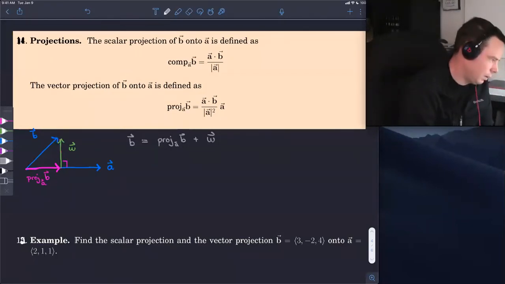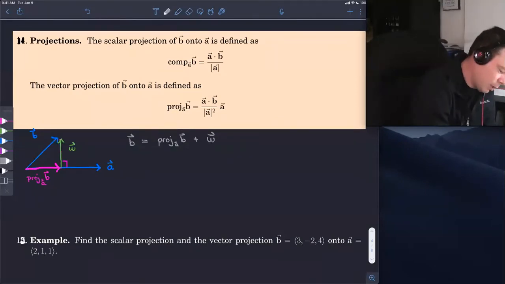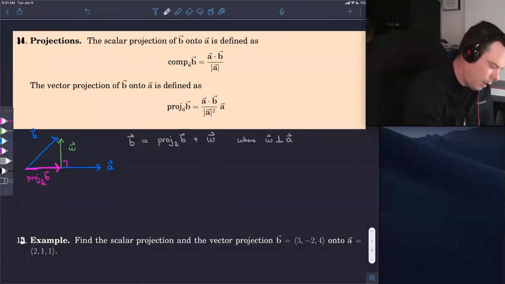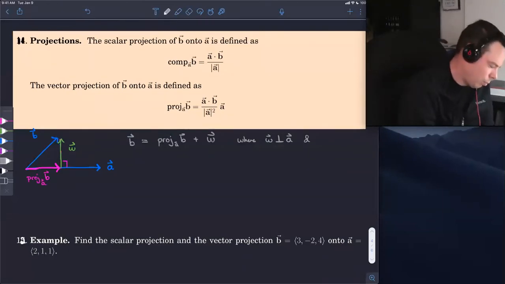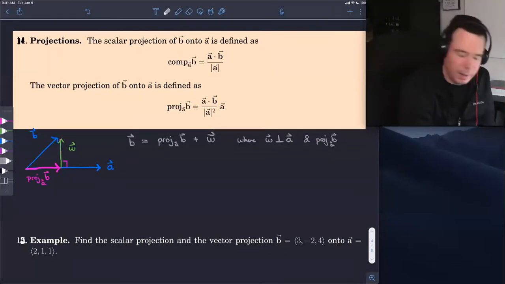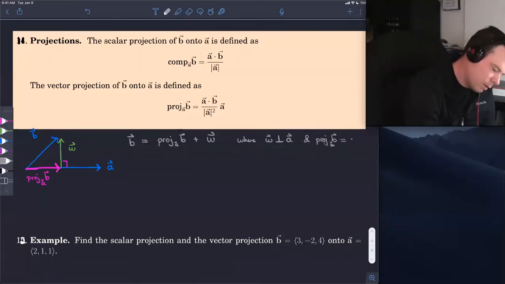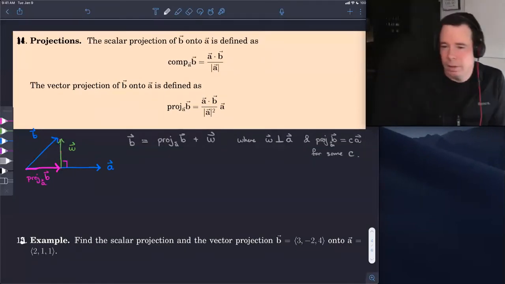Okay, so once I've split them up, I'll just make a note that W is perpendicular to A, and the other vector, the projection of B onto A, is parallel to A. So that means it's equal to some multiple of A, for some C. So that's what I've done so far.